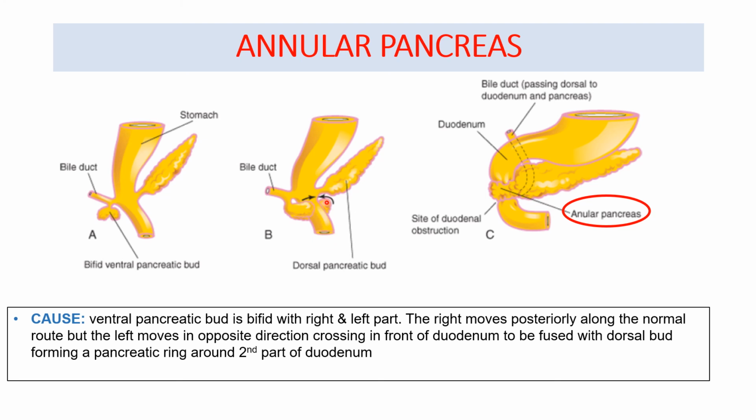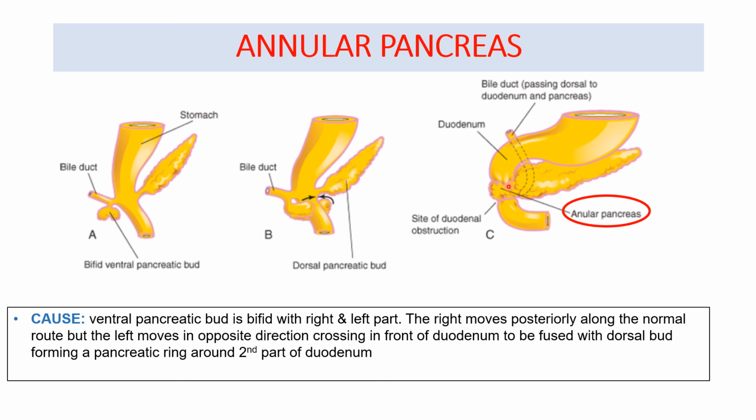Instead of going posteriorly, one bud goes anterior to the duodenum, and both the left and the right segments of the ventral pancreatic bud fuse with the dorsal pancreatic bud. They press upon the second part of the duodenum and create a pancreatic ring around it. This is called annular pancreas.